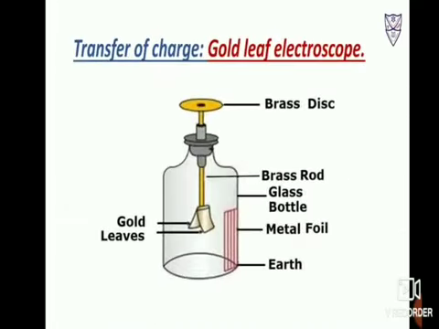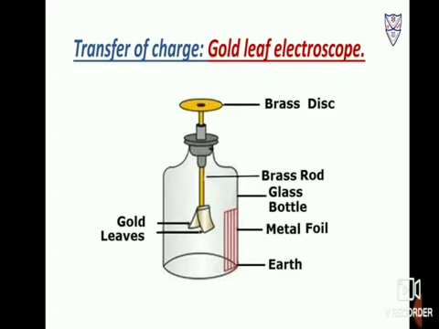Now students, let us discuss the transfer of charge. To understand this concept, first we should know about the gold leaf electroscope. The gold leaf electroscope consists of a brass rod, you can see in the image, which passes through a rubber stopper in a glass jar.